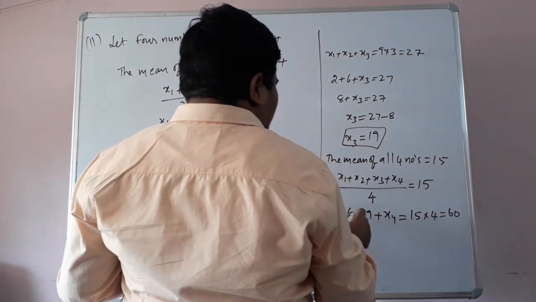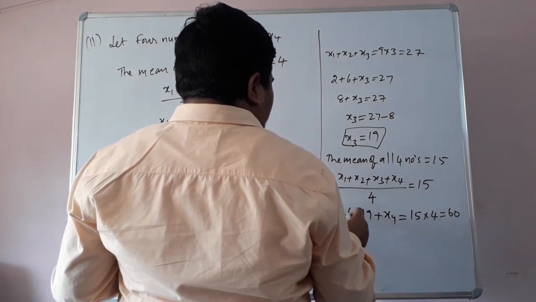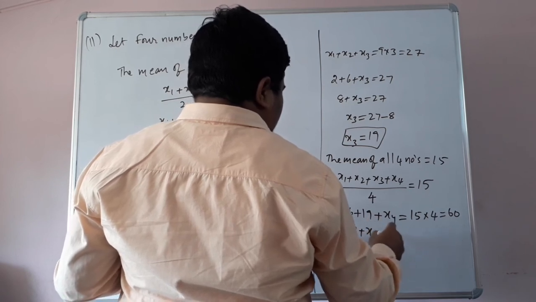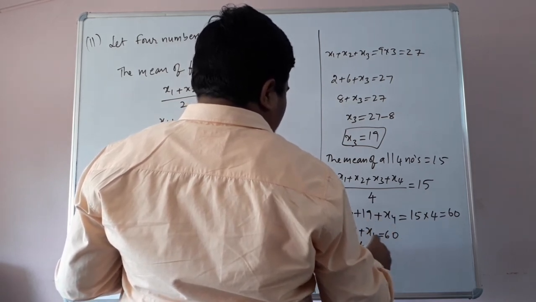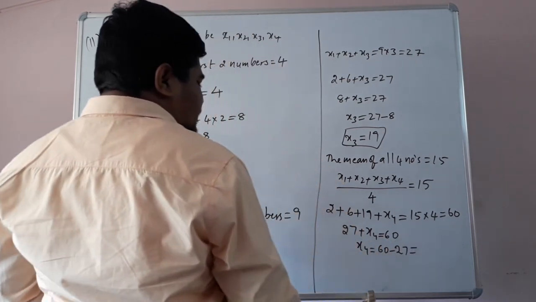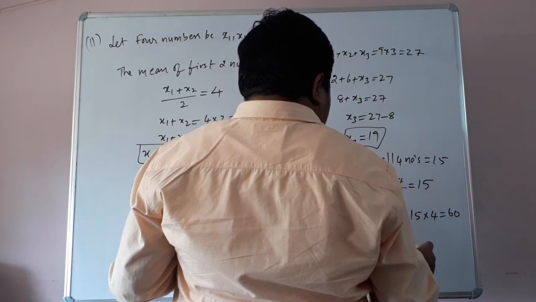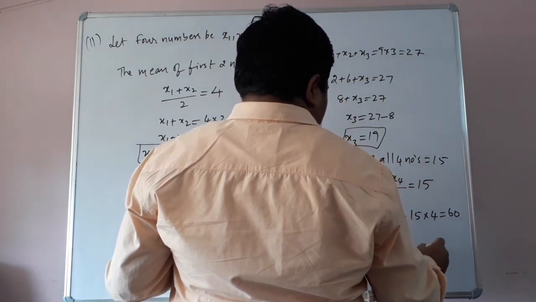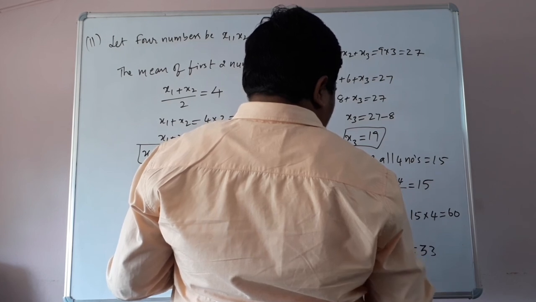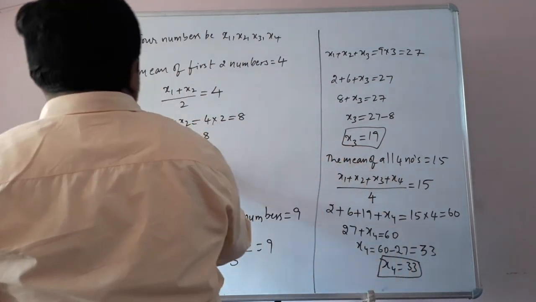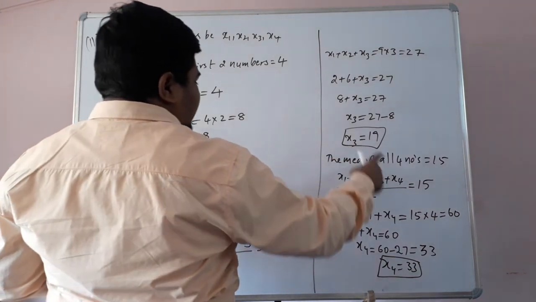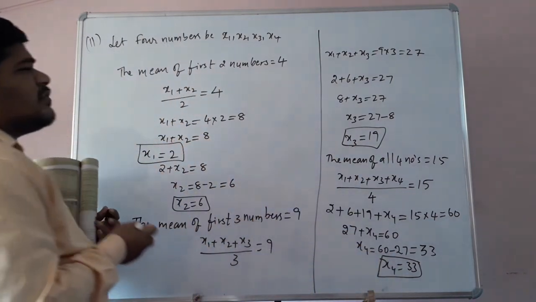Now 19 plus 6 is 25, plus 2 is 27. 27 plus x4 is equal to 60. So x4 is equal to 60 minus 27, that is 33. So what are those four numbers, children? x1 is 2, x2 is 6, x3 is 19, x4 is 33. So this is the way to solve this problem.